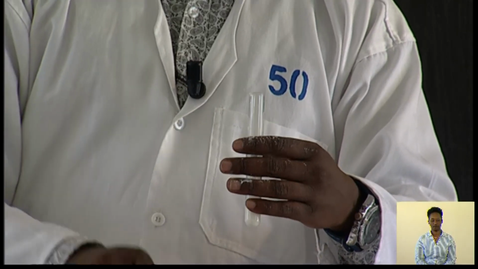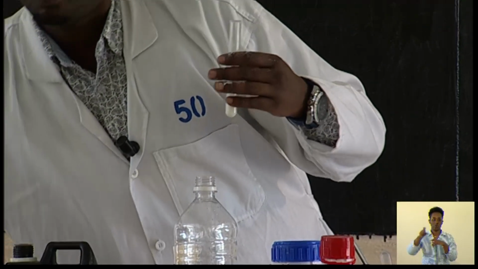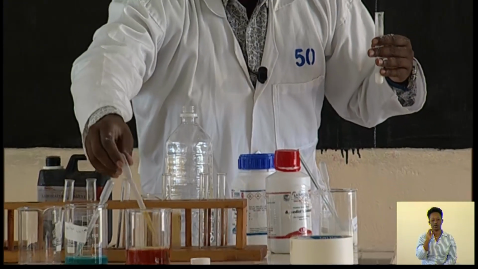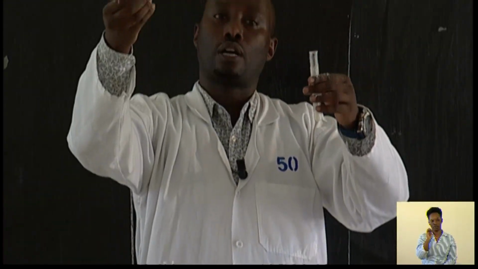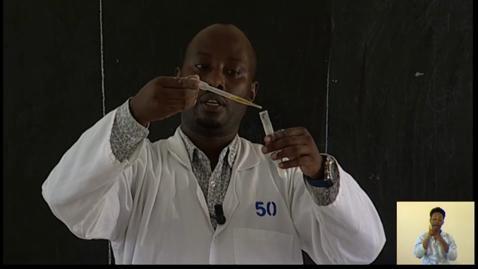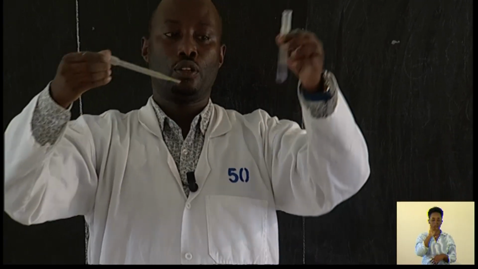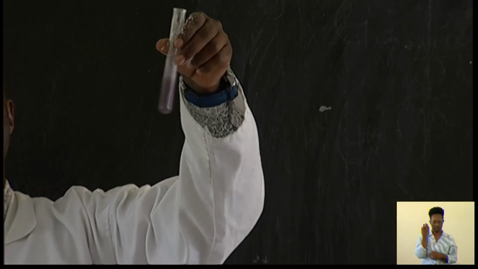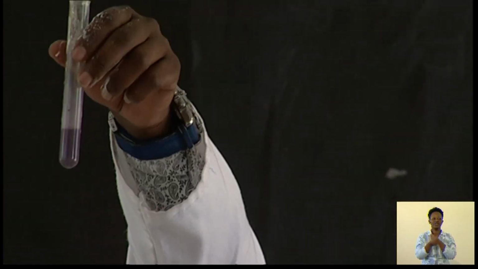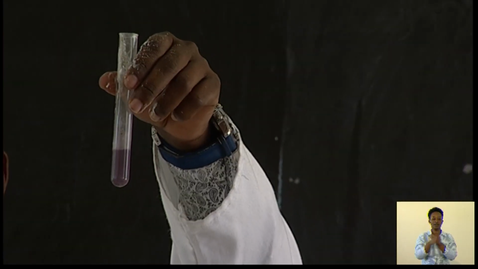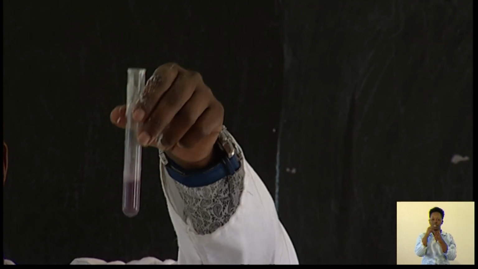Then from there, I add the iodine solution. This is the brown color of iodine solution. If I add it there, you can observe the color is changing to a blue-black color, which indicates the sample contains starch.